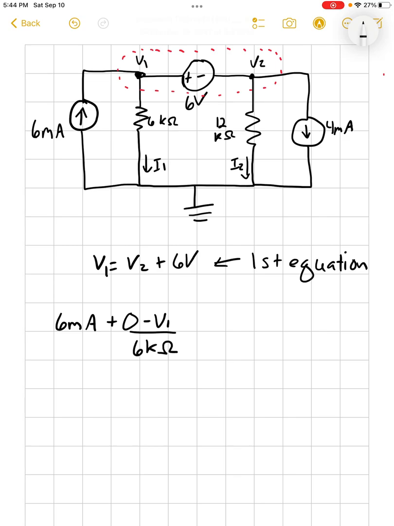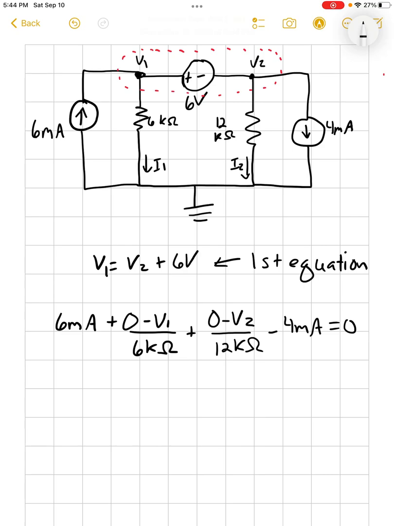over 6 kilohms. Okay. Now I'm going to keep writing my equation because we're treating this as one big node. So now I've got 0 minus V2 over 12 kilohms. And then we have coming out of V2, so I'm going to treat it as negative, 4 milliamps. And that all has to be equal to 0.